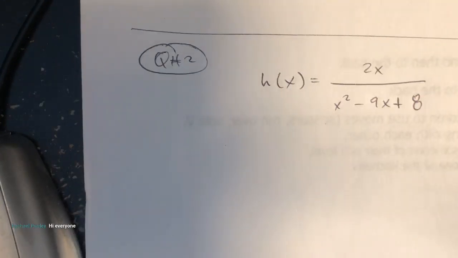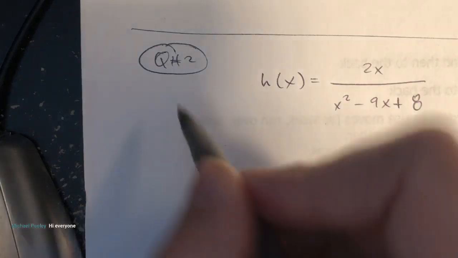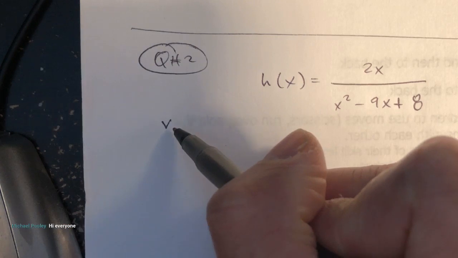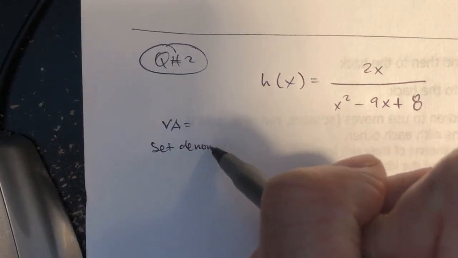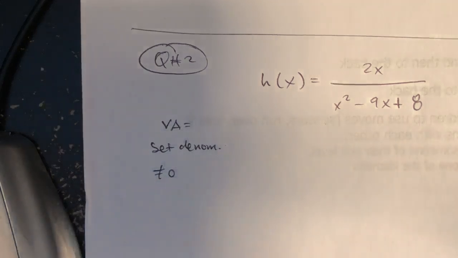All right, so we're supposed to use algebra to determine the vertical asymptote for each of these. To find the vertical asymptote, you're going to set the denominator not equal to 0.